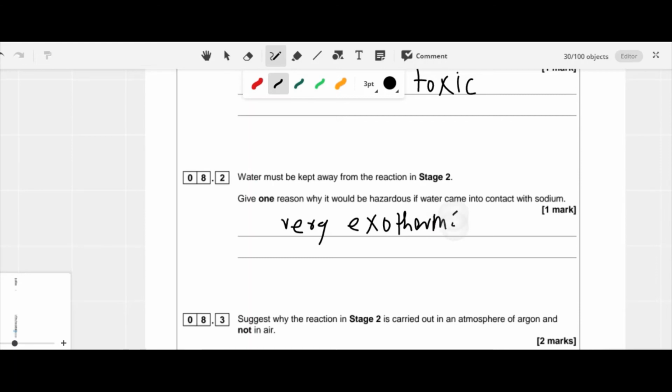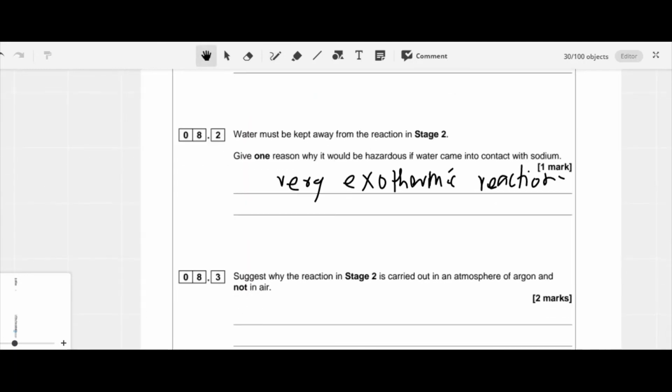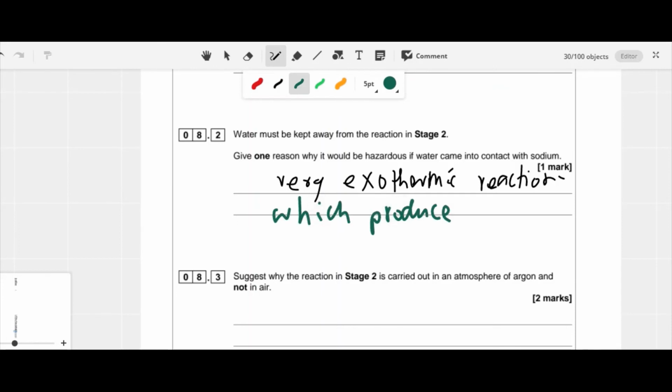And when a metal like sodium reacts with water, it produces hydrogen gas, which is flammable.